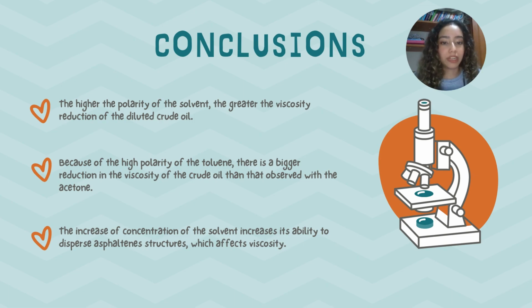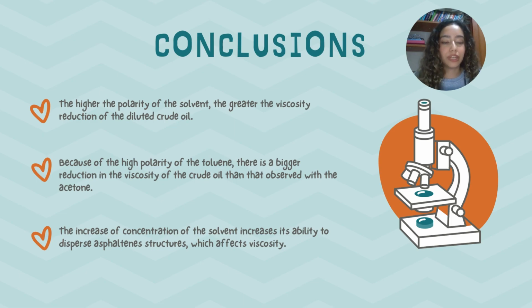The higher the polarity of the solvent, the greater the viscosity reduction of the diluted crude oil. Because of the high polarity of the toluene, there is a bigger reduction in the viscosity of the crude oil than that observed with the acetone. The increase of the concentration of the solvents increases its ability to disperse asphaltene structures, which affects viscosity.